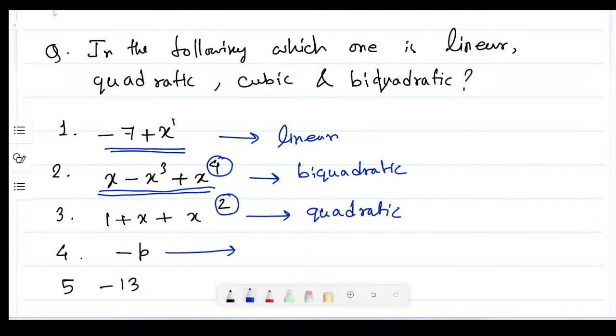In this polynomial, the variable is p and the power is 1, so this is linear.